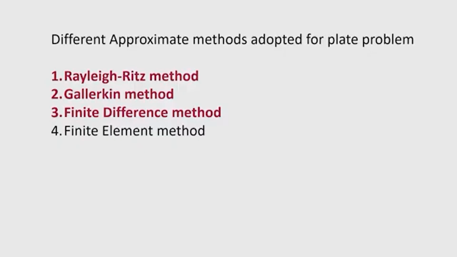So, you will appreciate that it is easier to solve an algebraic equation compared to a differential equation. Therefore, finite difference method ultimately requires the solution of algebraic equations instead of differential equations. The other two methods, Rayleigh's method and Galerkin method, also in the final step of formulation give equations to be solved for unknown parameters, which are all linear simultaneous equations.